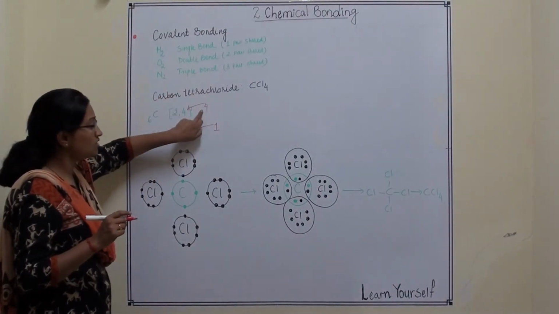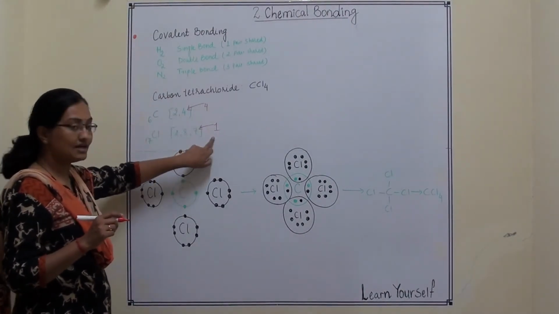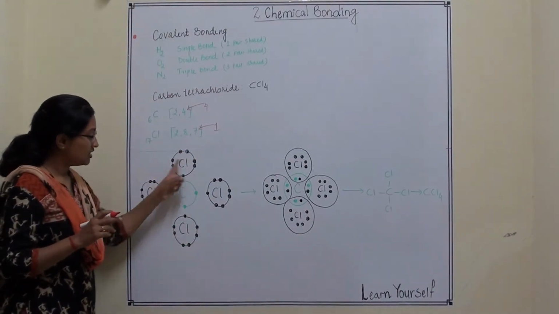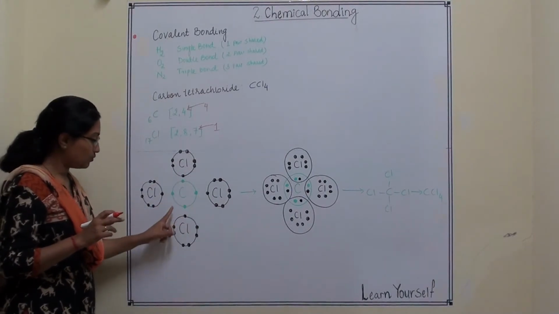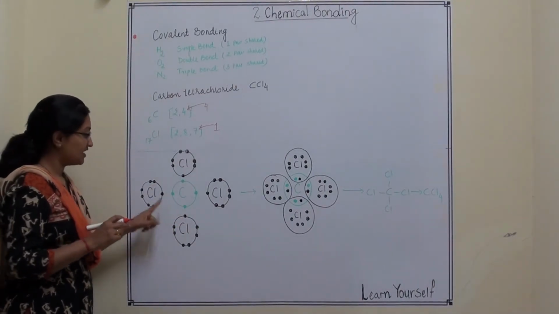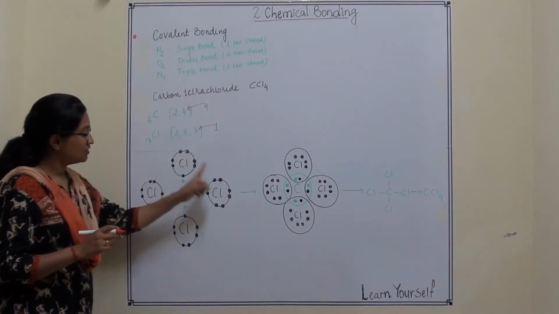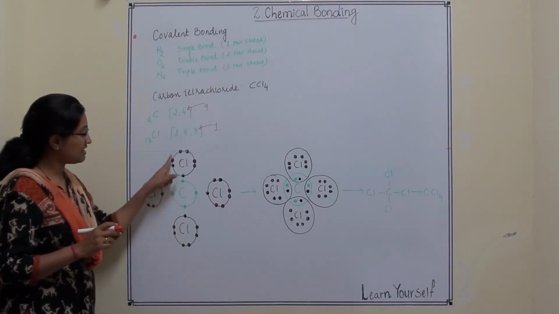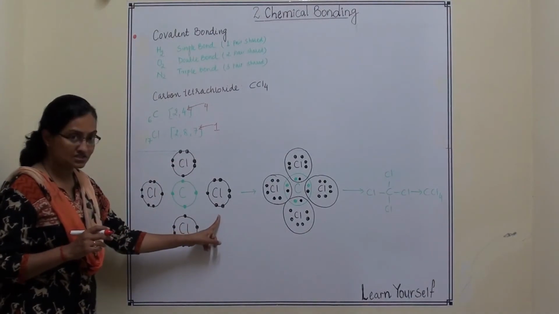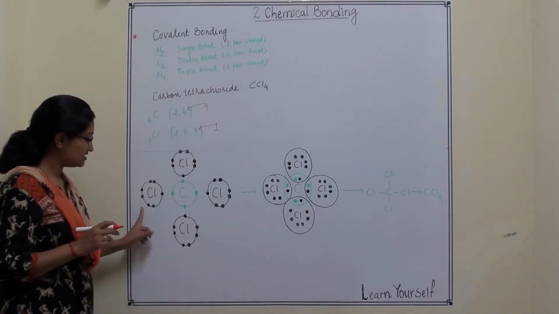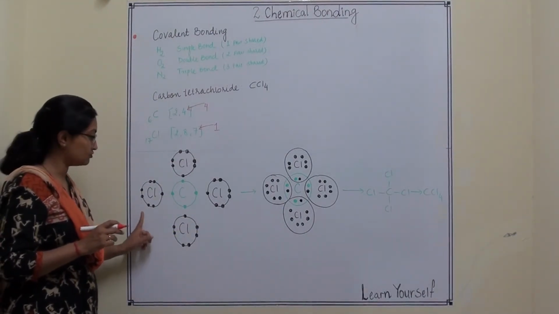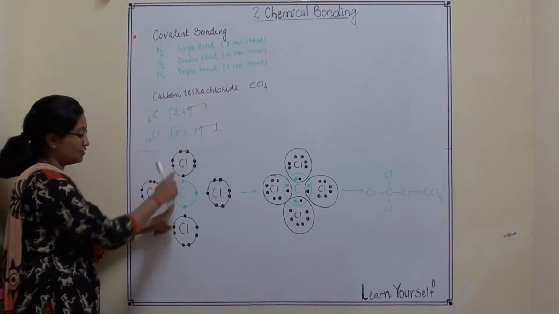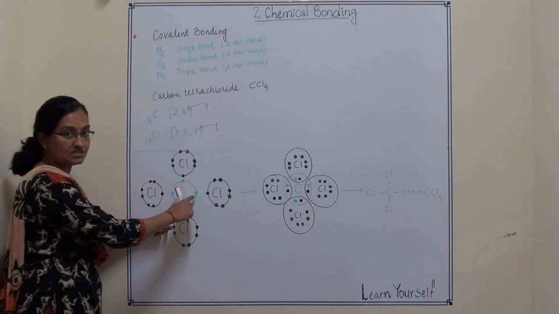So sharing of 4 electrons and 1 electron will happen something like this. Between 4 chlorine atoms, 1 carbon atom will be there, where I have shown only the valence shell electrons. You can see chlorine has 7 valence electrons, the same for these 2 chlorine atoms also, whereas carbon has 4 valence electrons.